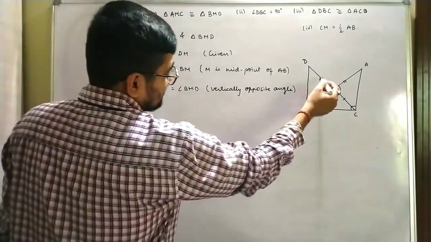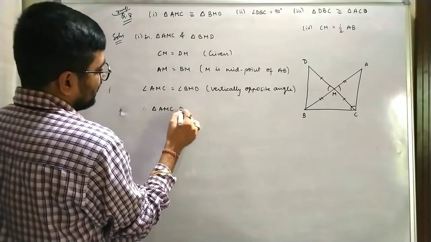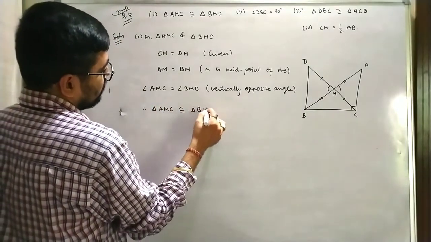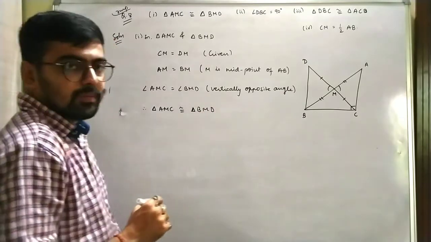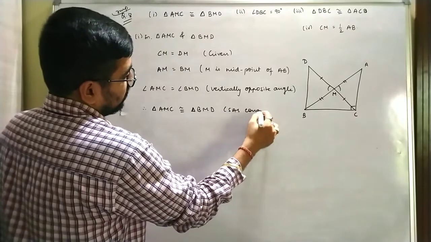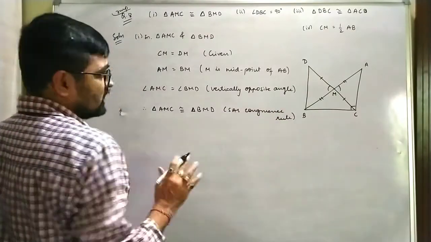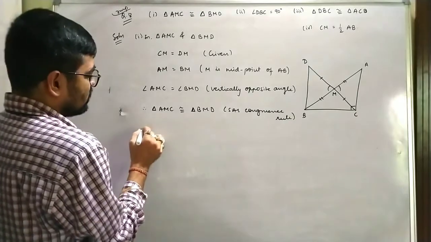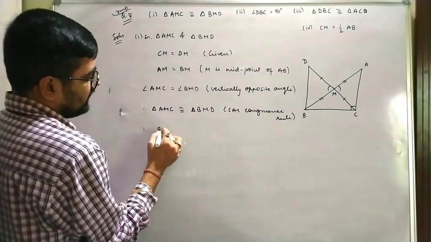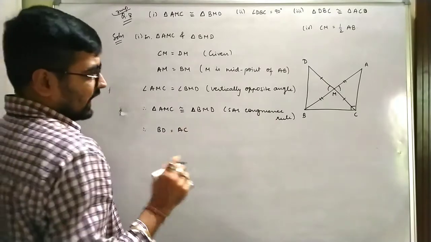So angle AMC equals angle BMD, vertically opposite angles. And as they are vertically opposite, by side angle side, I can say triangle AMC is congruent to triangle BMD. We always write the congruence rule we have utilized. Now as per this, what can we say by CPCT? Therefore I can say BD equals AC.